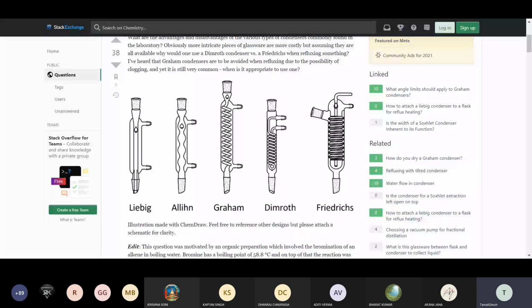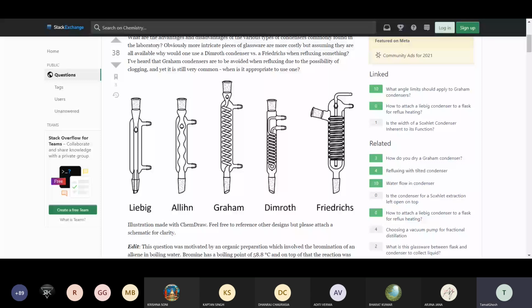That means from some source we already know the normality of the HCl. Any solution which is called a standard solution means its strength is known. Normality, molarity, whatever, that value is known to us. And a standard acid means that acid's normality is known to us.